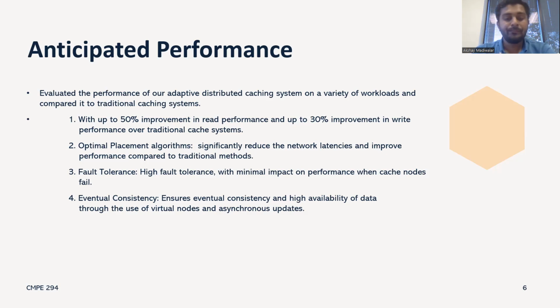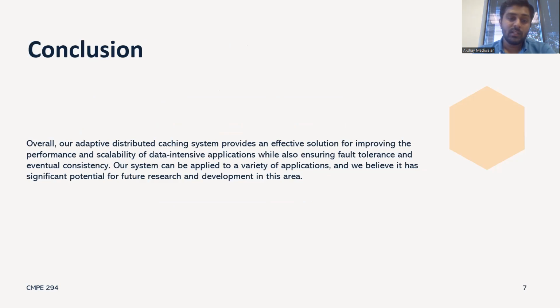In conclusion, in this paper, we proposed an adaptive distributed caching system that significantly improves the performance and scalability of data intensive applications. The system ensures optimal placement of cache nodes, reduces network latencies, and ensures eventual consistency of data through the use of virtual nodes and asynchronous updates for write-backs.